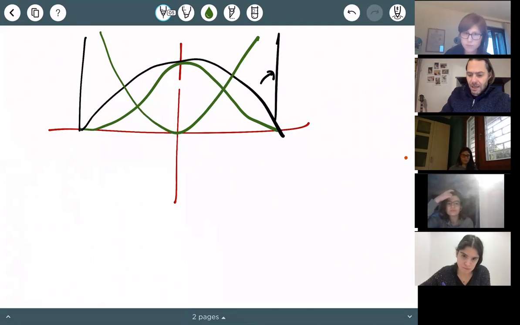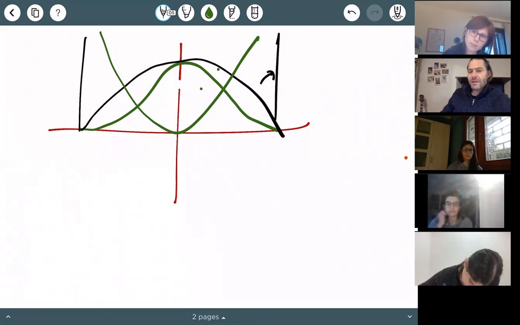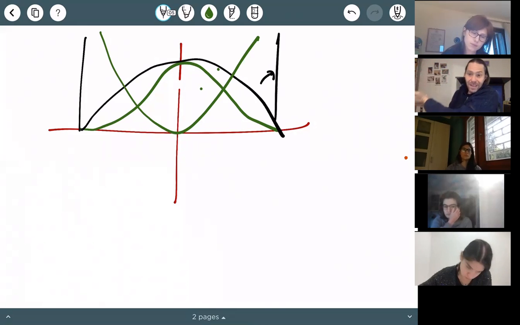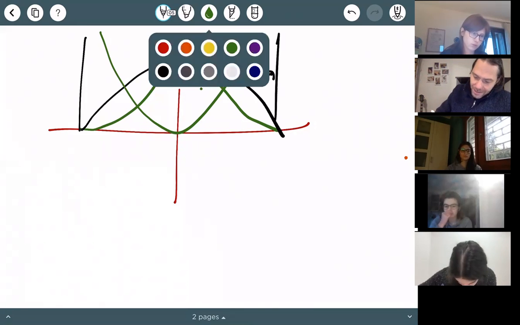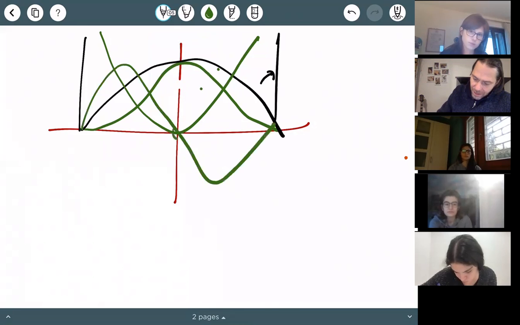So the overlap means take the product of this times this, and then take the integral. Clearly, the more similar two functions are, the larger the integral will be, because it's an inner product. If I have the inner product of a function with itself, it will be largest. Now, if I look at the excited states, they are small where the ground state is large.